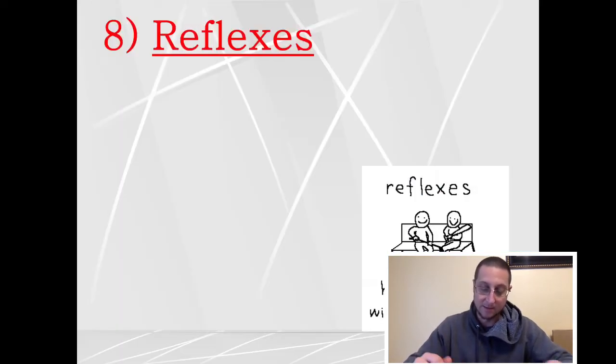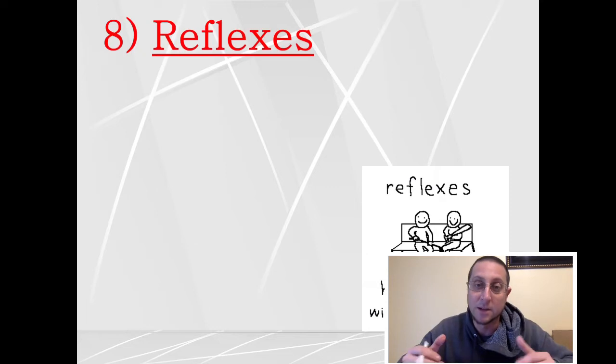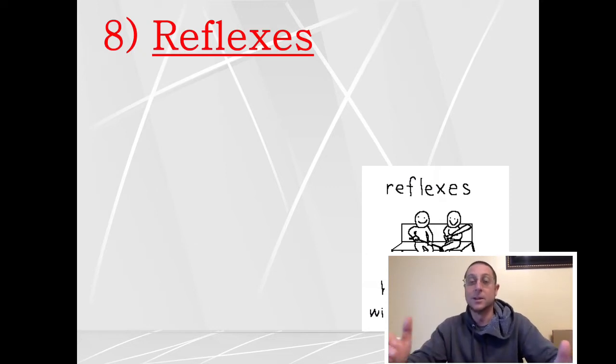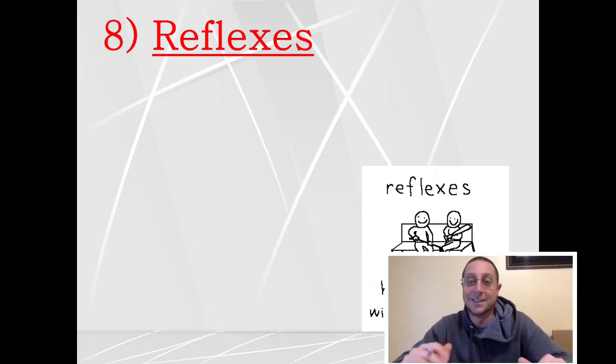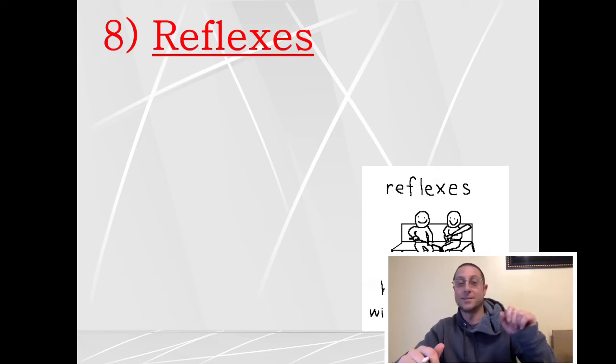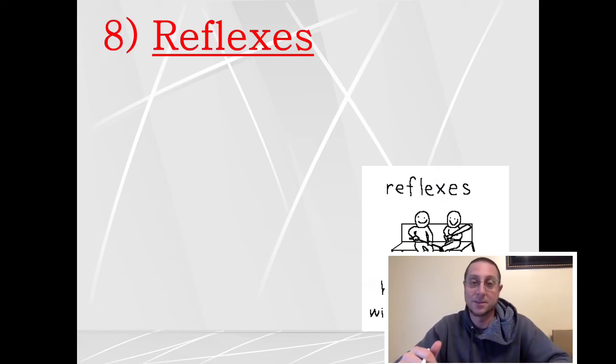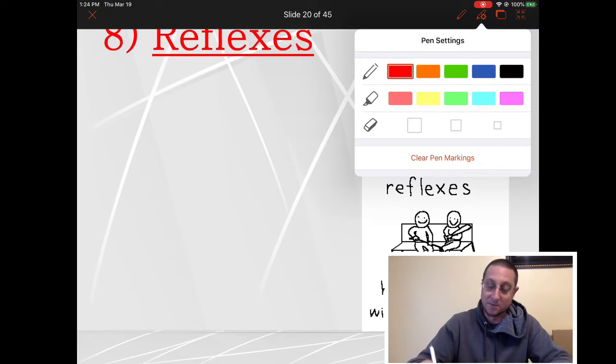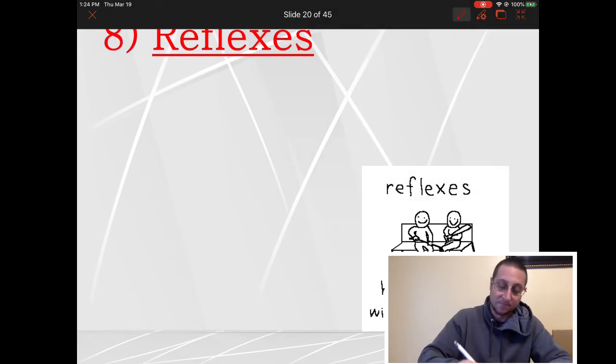And then lastly, with this unit, we have a reflex, which is an inborn, automatic, not voluntary response to a stimulus. So you hit that knee, boom, the leg moves. Or you touch a hot pot, you pull away. That's just a reflex, so we'll define that quick.